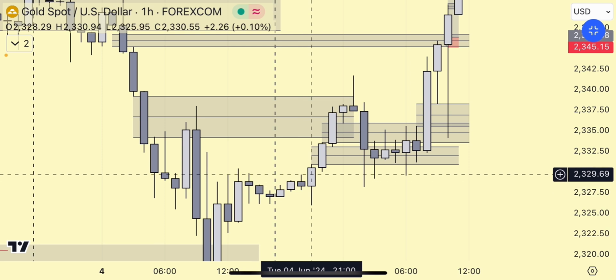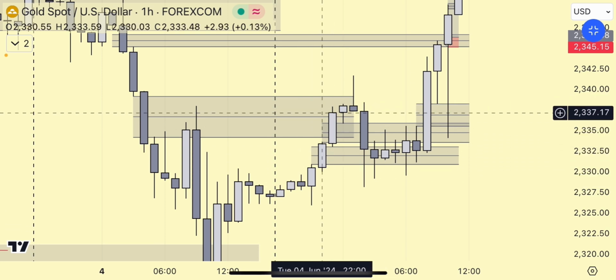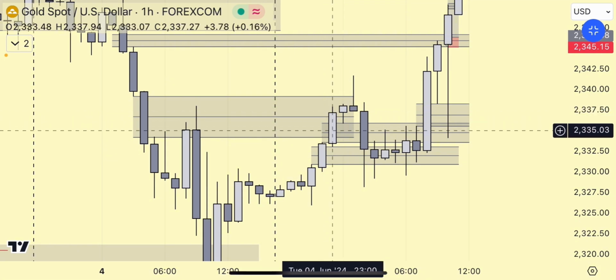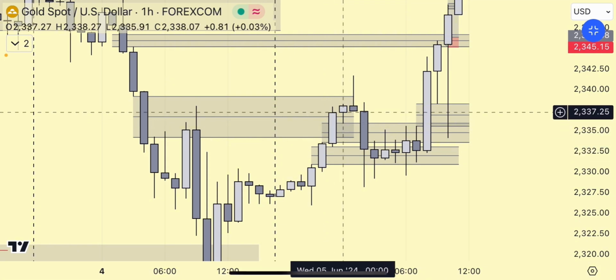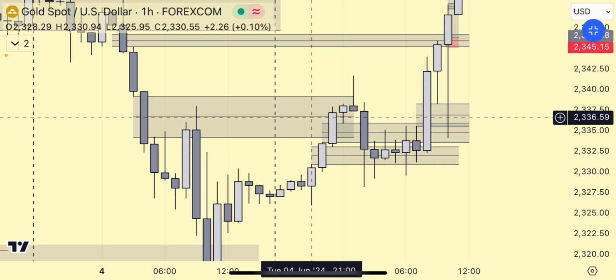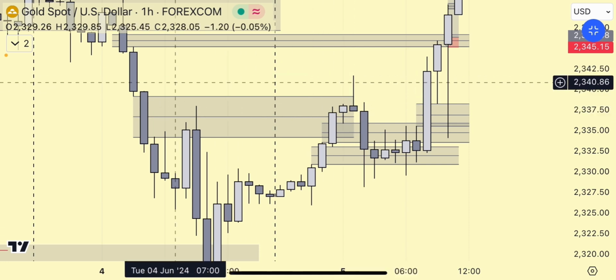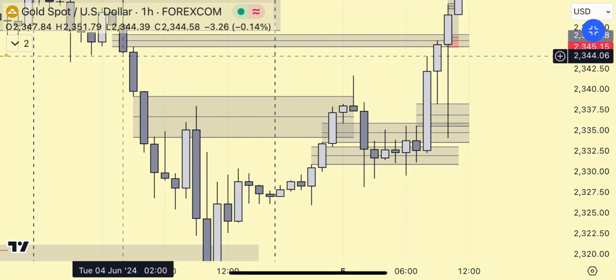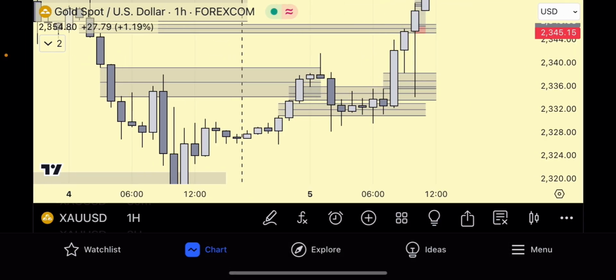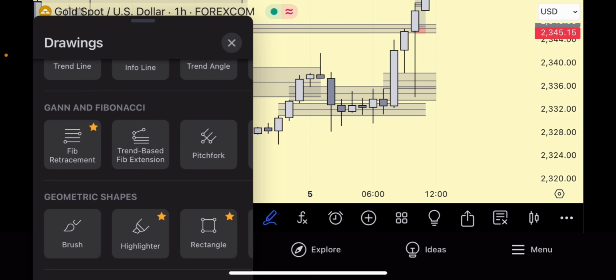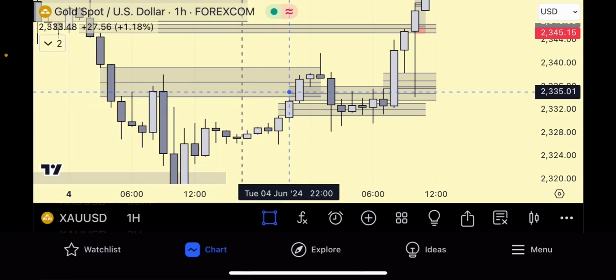When we came up to this level, we watched to see reactions in this zone, right? On our way getting to this zone, price closed above it, mitigating this other fair value gap right here.